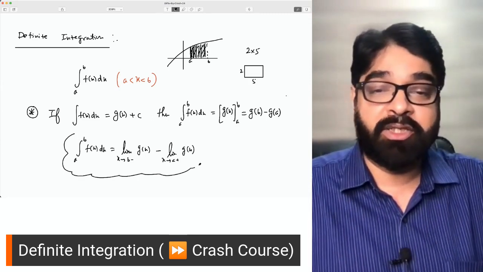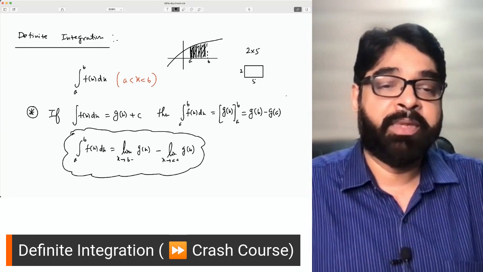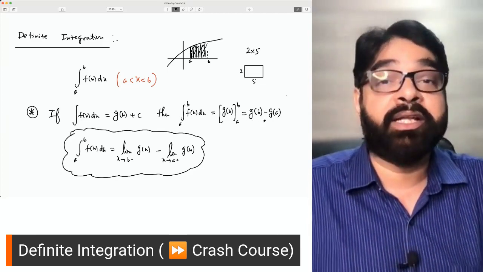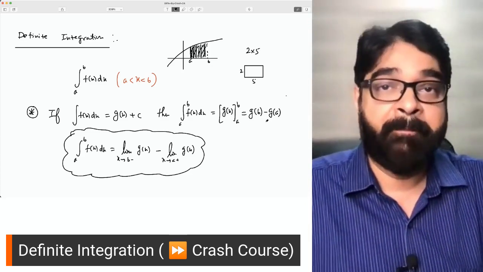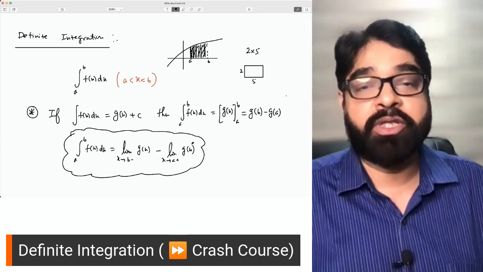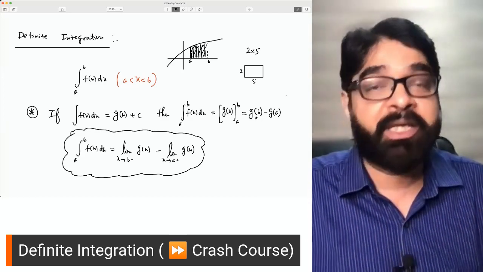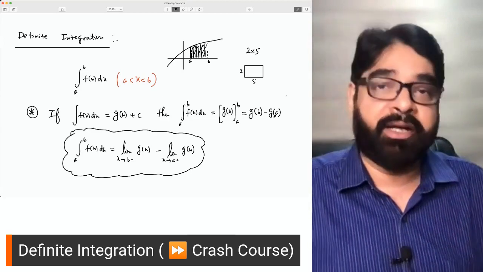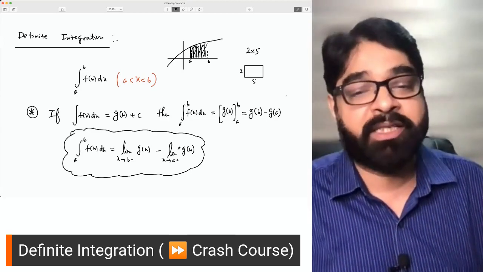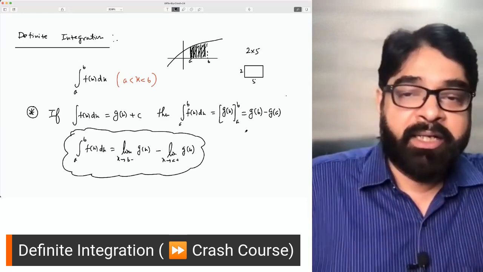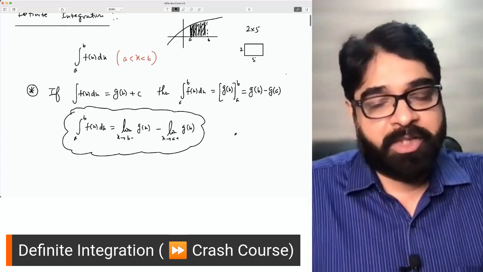Should we use this? No, you should not use this unless g(b) or g(a) is indeterminate or not defined. Only in that case you have to use it. Otherwise, simply use g(b) minus g(a). This is how definite integration works.